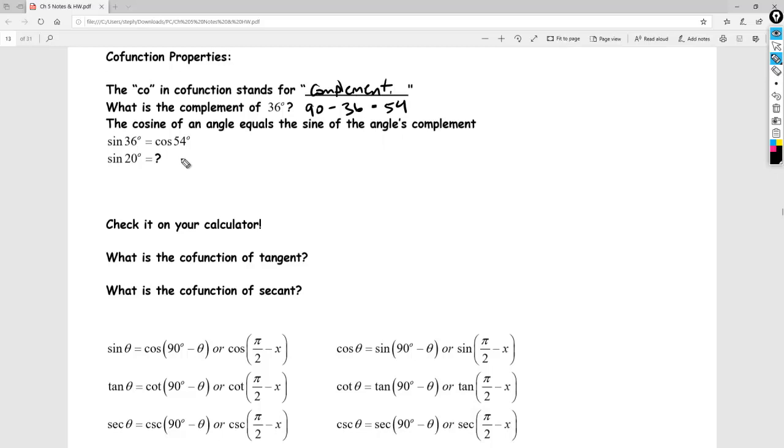The cofunction property relates sine and cosine, where sine of 36 is equal to cosine of 54. If I plug two complementary numbers into each of these functions, you'll end up getting the same answer. You can check that in your calculator if you want.